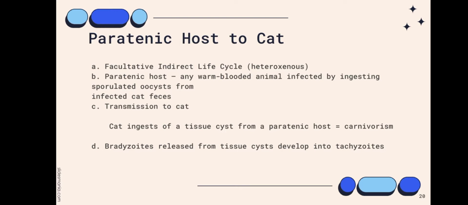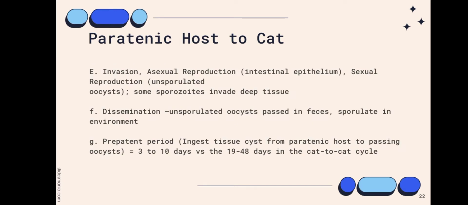The cat ingests a tissue cyst from a paratenic host: carnivorism. Next, bradyzoites released from tissue cysts develop into tachyzoites. Next, the invasion, asexual reproduction, intestinal epithelium, sexual reproduction, and sporulated oocysts.